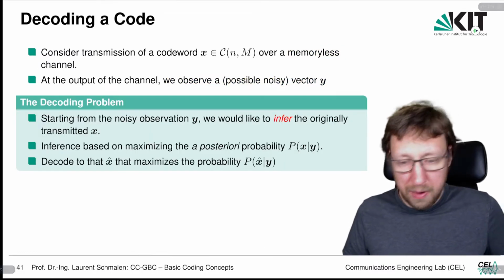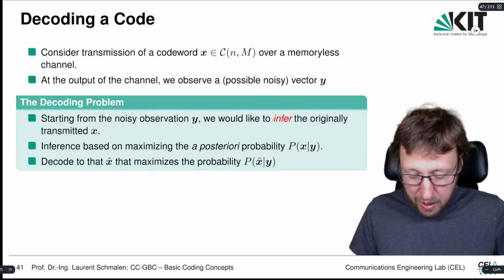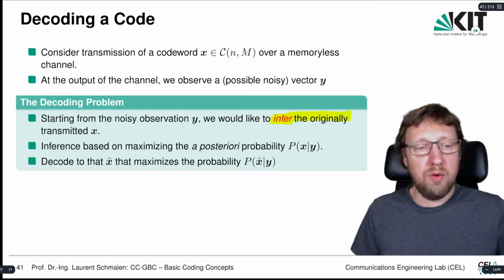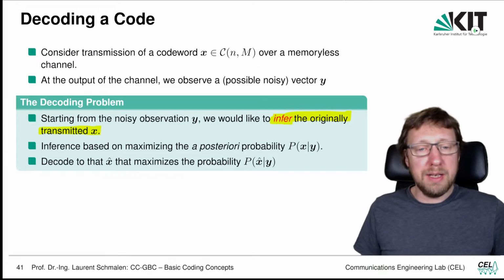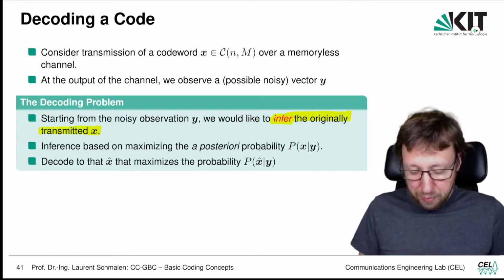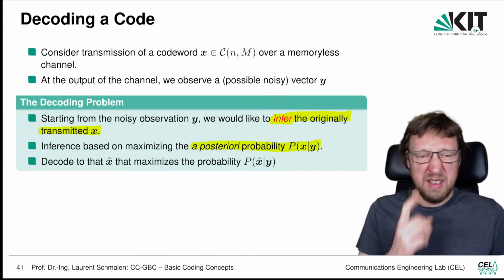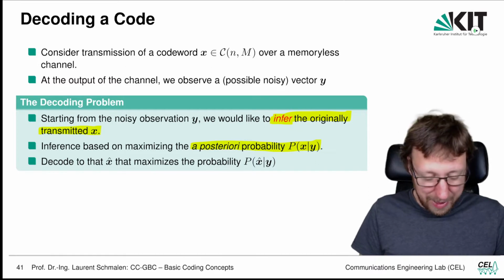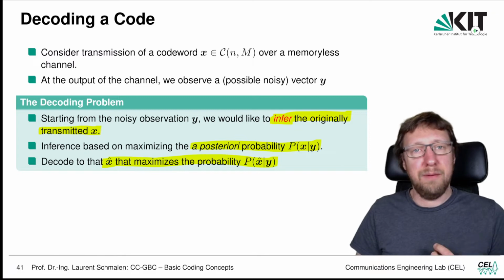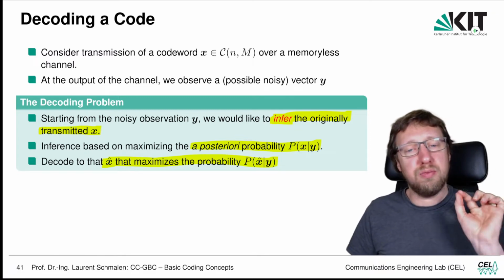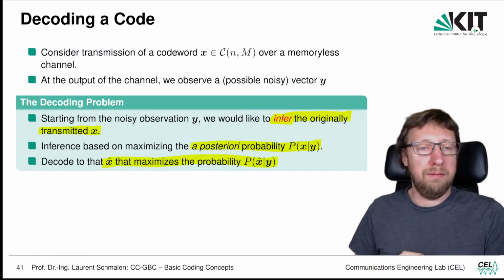So the decoding problem is, from the noisy observation Y, to infer the originally transmitted X. And what we do for inference is we maximize the so-called a posteriori probability P of X given Y. So we select some X hat which maximizes the probability P of X hat given Y. What is the most probable code word X hat given that we have received Y?